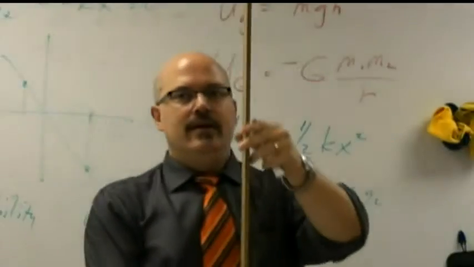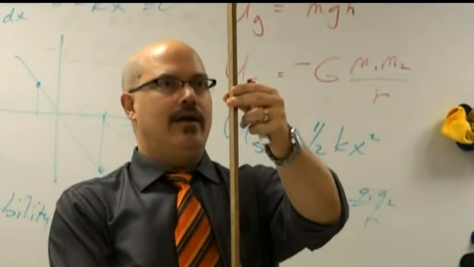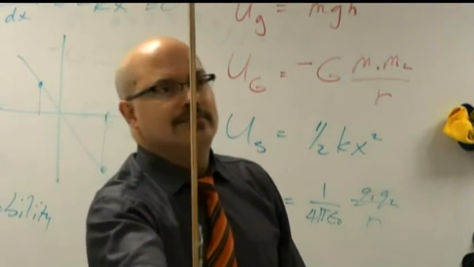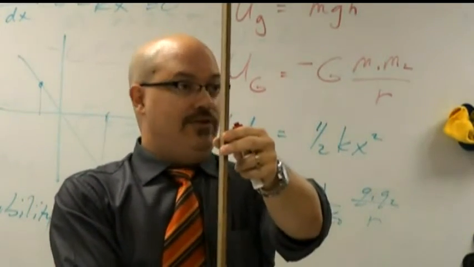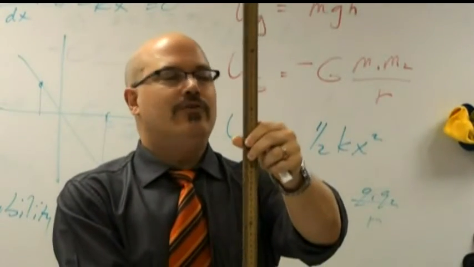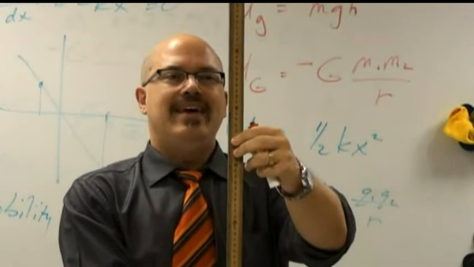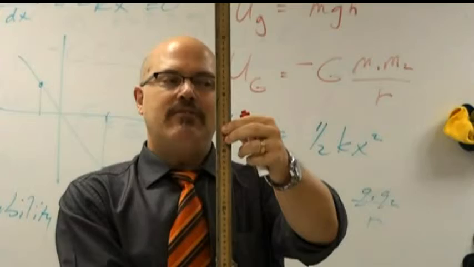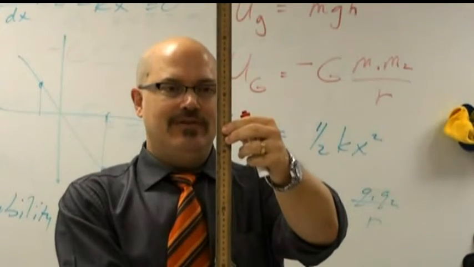Technically there's a stability point right here. But if it's a little bit off, it starts to fall. So technically there's an equilibrium point there, but there's no way to get it. You have to be exactly there for it to stay.